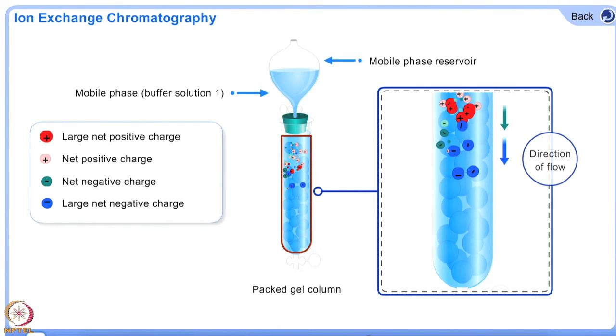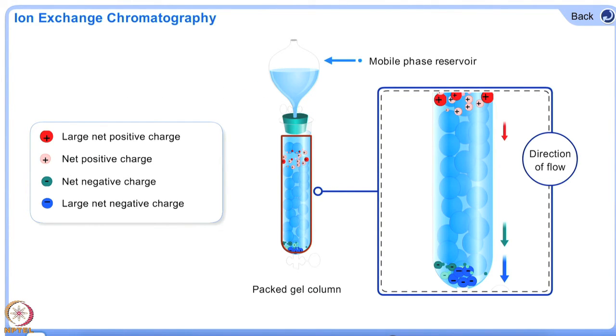The column is eluted with a buffer solution of suitable pH such that the negatively charged molecules are removed from the column while positively charged molecules remain bound to the ion exchange resin.